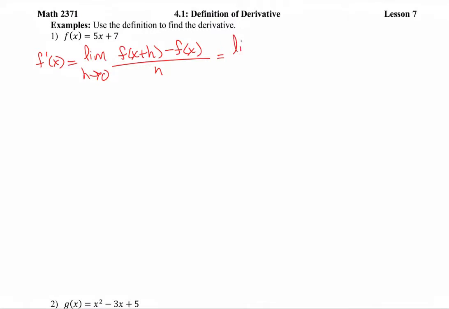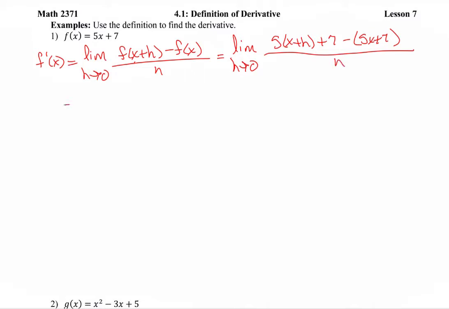So how do I find f of x plus h? Well, that means that everywhere there's an x, I put x plus h, and then I add the 7 on, subtract 5x plus 7, and put that all over h.